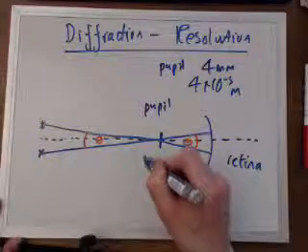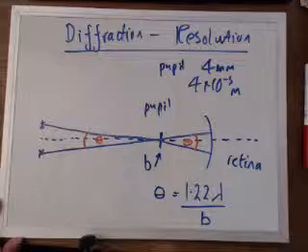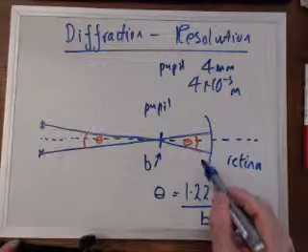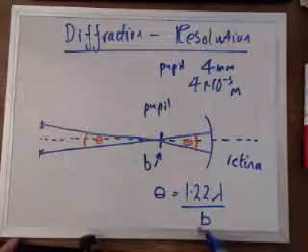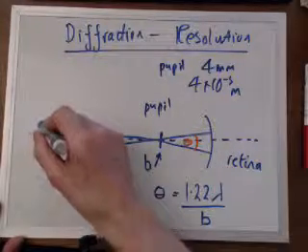So this is b, as the slit width is the eye here. These are the angles. Well, actually, that's theta, it's twice the angle of the first minimum, but we'll look at that in the maths. And this here is our point sources.